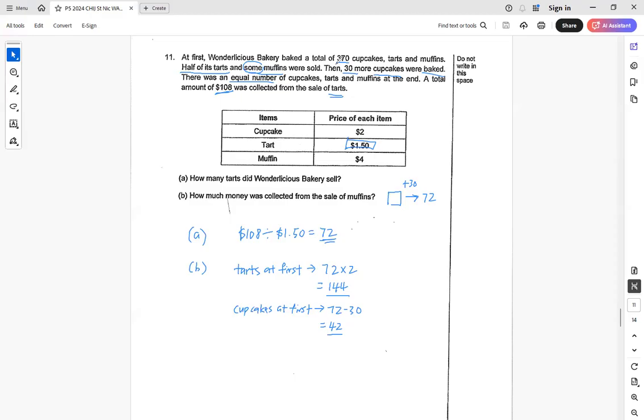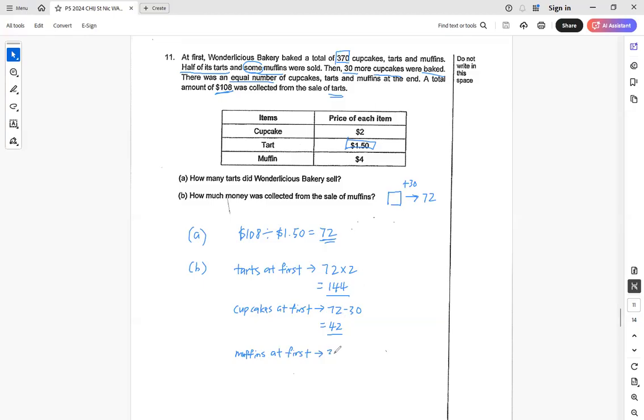The question also tells me the total number of cupcakes, tarts, and muffins at first. So with that, I can also find the muffins at first. I just simply take the total, I minus away the tarts, I minus away the cupcakes.